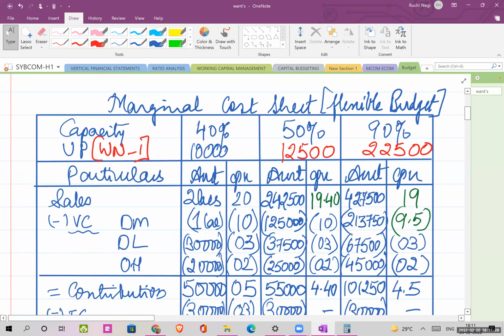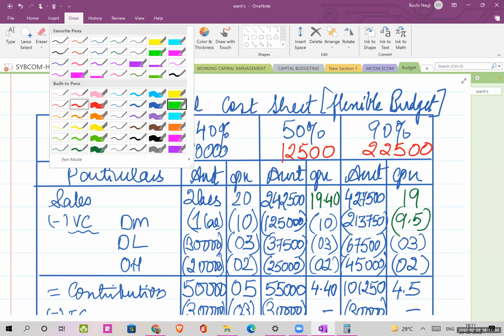The marginal cost sheet starts with sales less variable cost. I have three variable costs as per the question: direct material, direct labor, and overheads. The calculation is there. Whatever changes are there, I have highlighted with green.